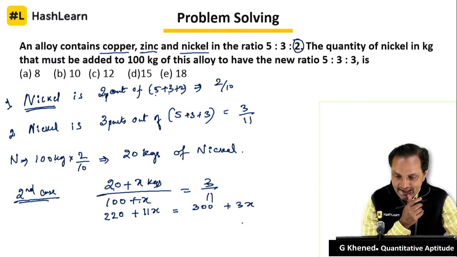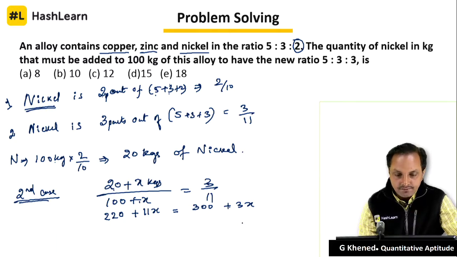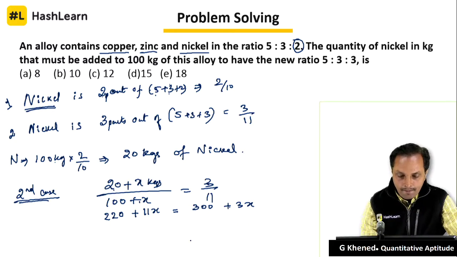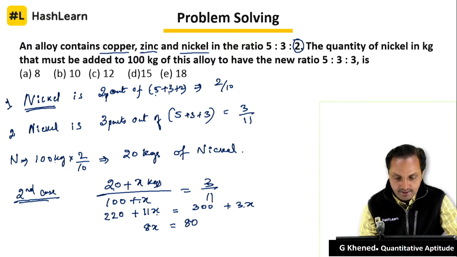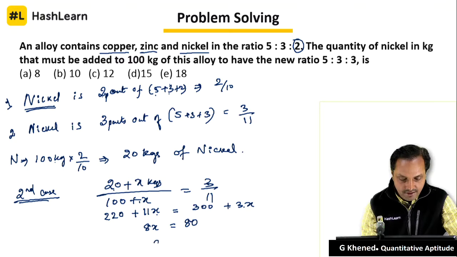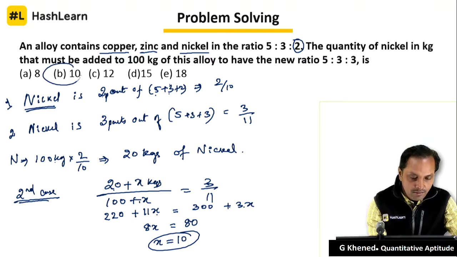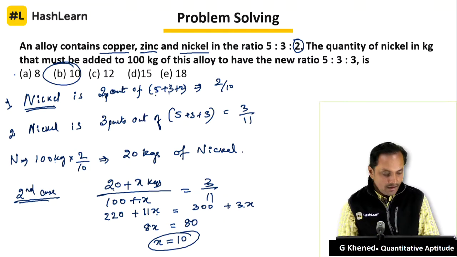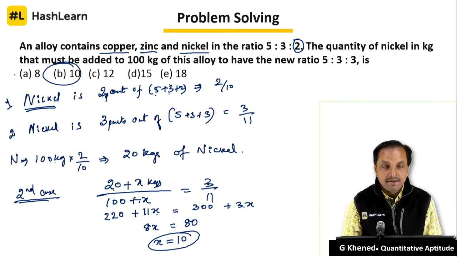So just find x. 11x minus 3x is 8x, 300 minus 220 is 80. So x will be 10. Is it in the option? Yes. So x is equal to 10 kg is the answer.